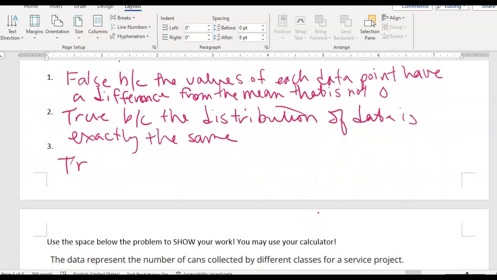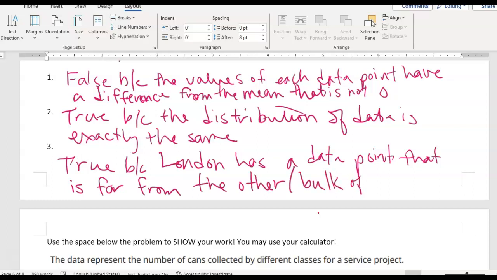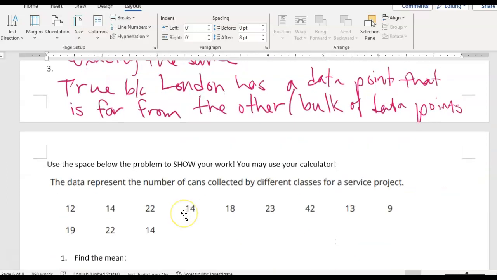That is true, because London has a data point that might be an outlier, we'll find out tomorrow, that we can say is far from the bulk of the data points. All right, let's take a look down below.